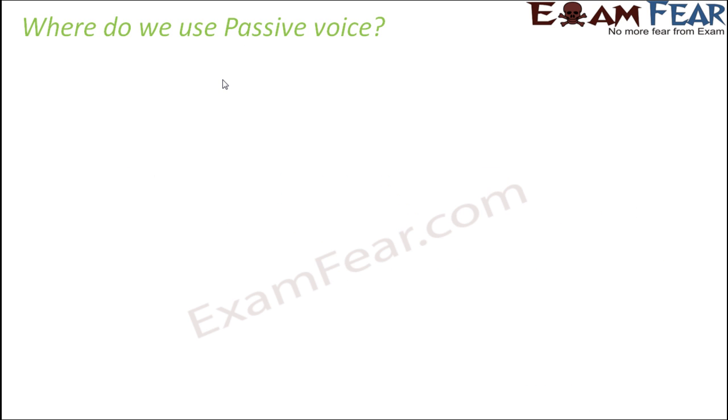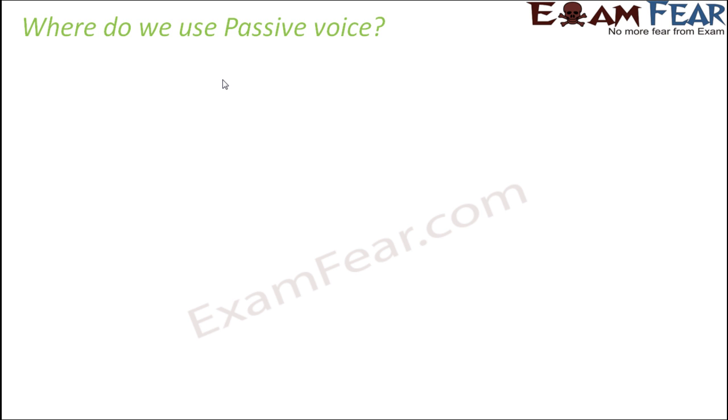Now, one last question and the most important question is, now that we have learned about active and passive voice, we know how to convert active voice to passive voice and how to convert passive voice to active voice. The most basic question still is, where do we use passive voice? Why do we need to have two different voices?